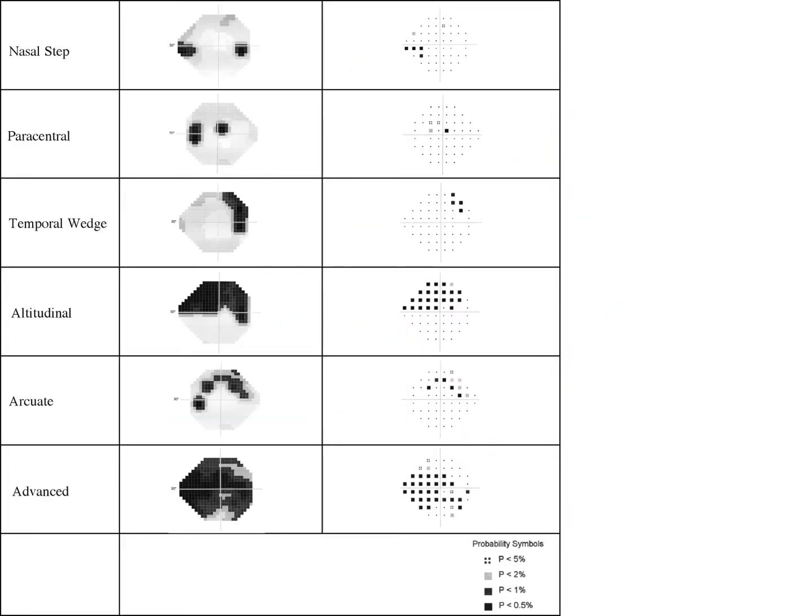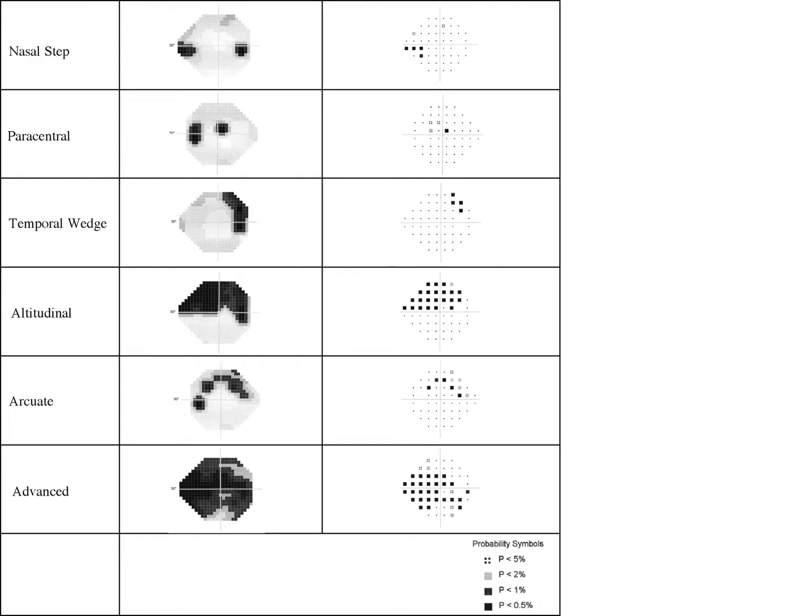This is another image in which there is a different representation of the visual field defect. This is obtained by the Humphrey visual field system, and you can see the gray scale and the probability scale.